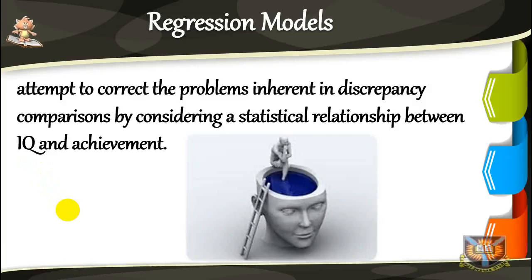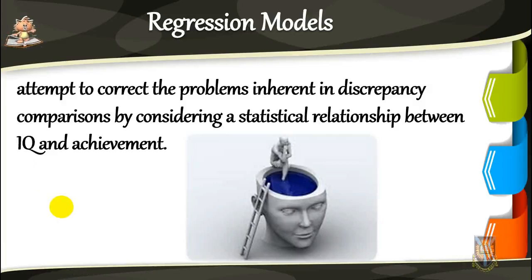Research in the 1990s, however, failed to demonstrate valid differences on school-related measures between poorly achieving groups of students with an IQ achievement discrepancy and those with poor school performance with no discrepancy.